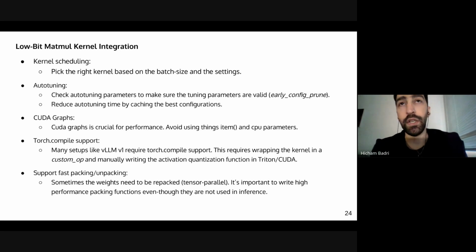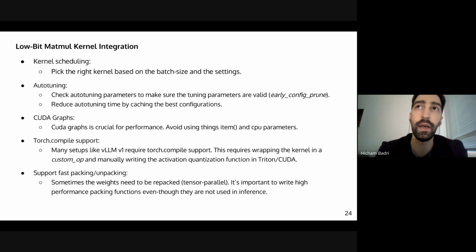If you mess up one parameter, say block size K of 128 with 4-bit weights, it will work fine with channel-wise quantization, but it would not work with group size 64. The reason is the scales and zeros. You need to make sure you load vectors correctly, but your kernel is not going to crash. It's just going to give wrong outputs. So you need some logic that checks all this stuff.